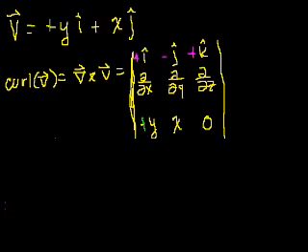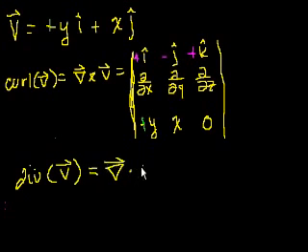So the divergence of that vector field, div of v, is the same thing as our del operator dot our vector field v. And that's the partial derivative of this with respect to x. Well, the partial derivative of y with respect to x is just 0, plus the partial derivative of x with respect to y, right? So this is 0. So the divergence of this field is 0. And even in the other case, when this was a minus, it still would have been 0.